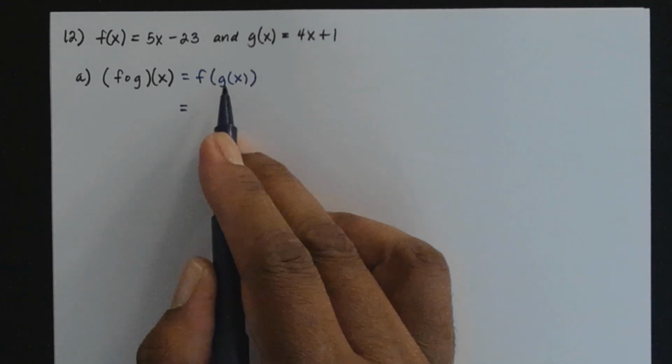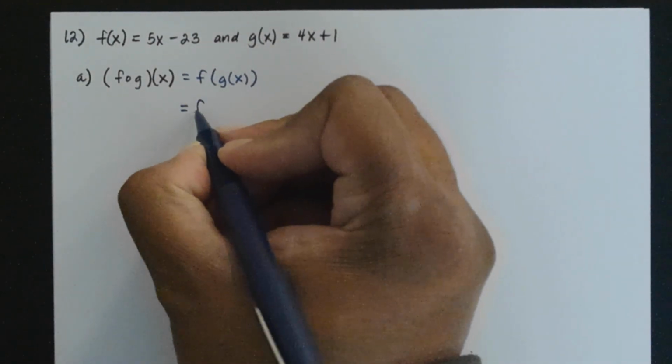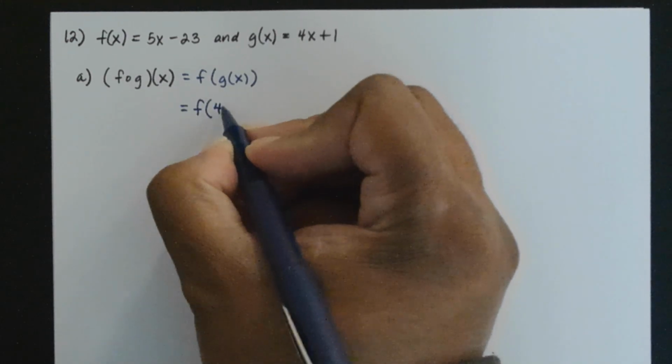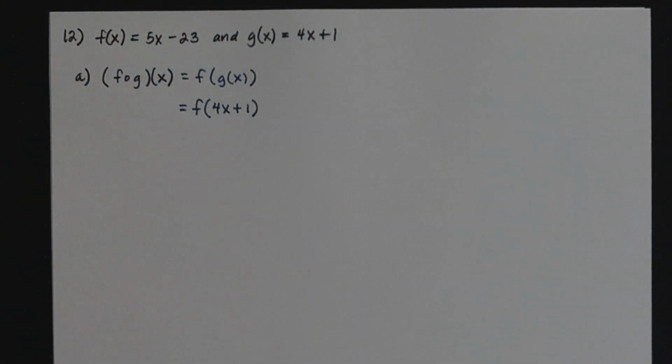Now the inside function is g of x, and g of x is equal to 4x plus 1. So I'm going to bring this f down and replace the g of x with 4x plus 1. That means we're evaluating f of 4x plus 1.